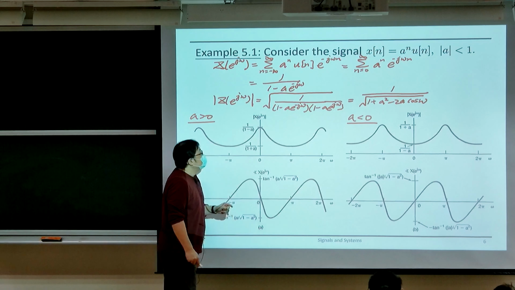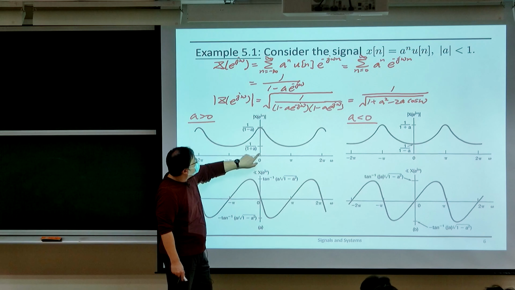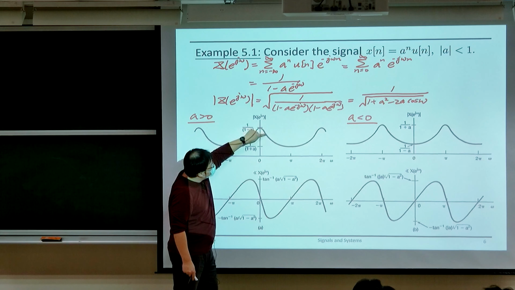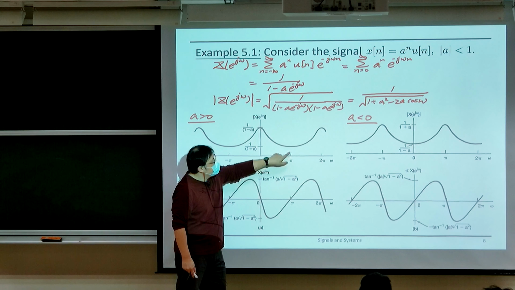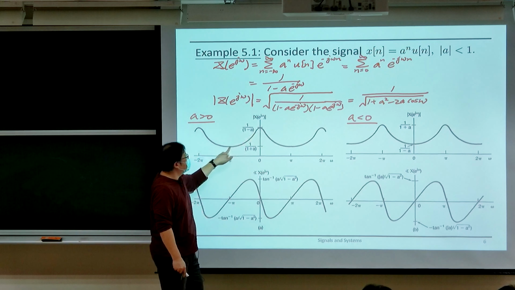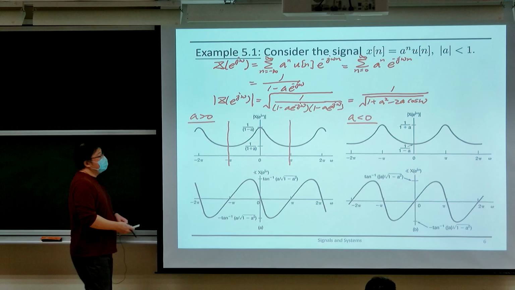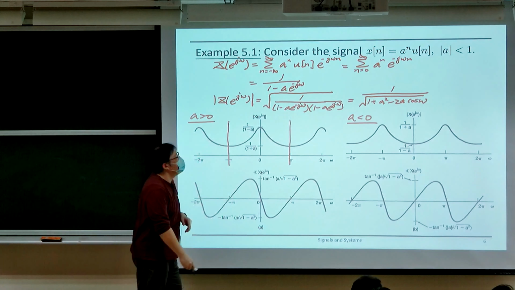So if you look at the magnitude here for a greater than 0, you have a peak at omega equal to 0, and then you start to decrease as the frequency goes towards pi, okay? And similarly on the other side, right? And again, we can focus only on this 2 pi range because beyond that, it just repeats itself, okay?